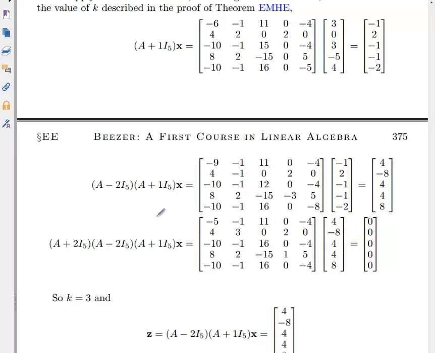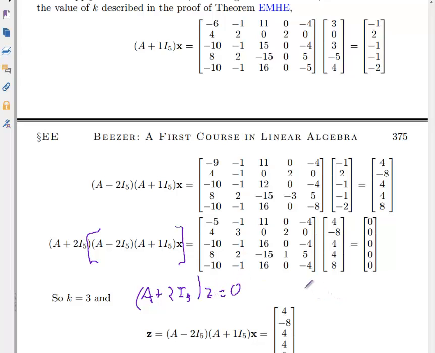So what does that mean? That means that A plus 2I5 times this vector here gives me the 0 vector. All right, that means that if I compute this vector z, then A plus 2I5 times z is equal to 0.